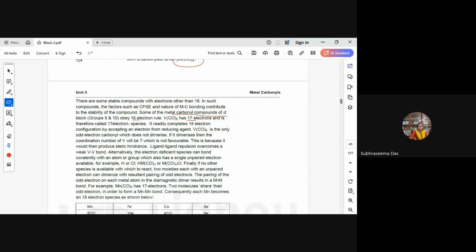Now V(CO)6 accepts another electron to form V(CO)6 minus, thereby satisfying the 18 electron rule. So it is not always that stable compounds must follow the 18 electron rule. We also have certain exceptions to this case.